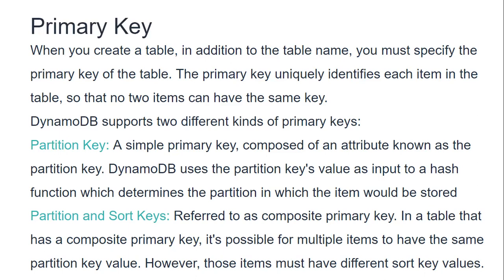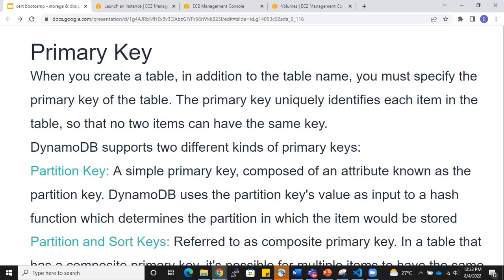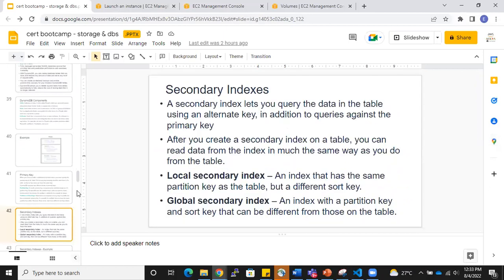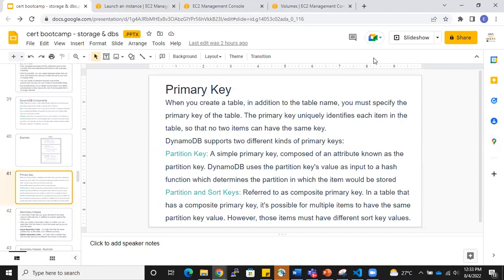And then this is passed to the hash function to determine where your data should be stored. So you use a partition key with a sort key to make your primary key. So the primary key becomes the only attribute in your table you need to define beforehand. Every other attribute can be defined when you add data.